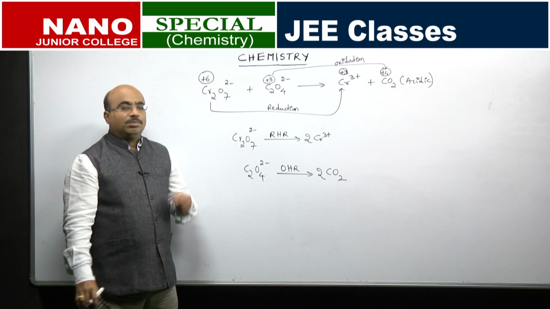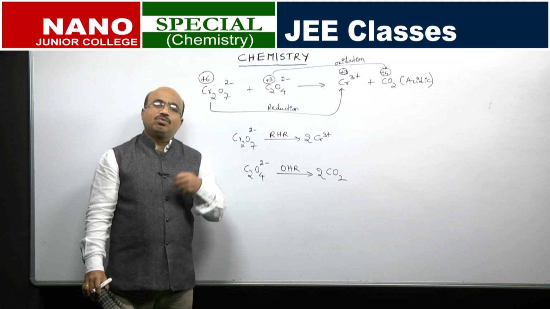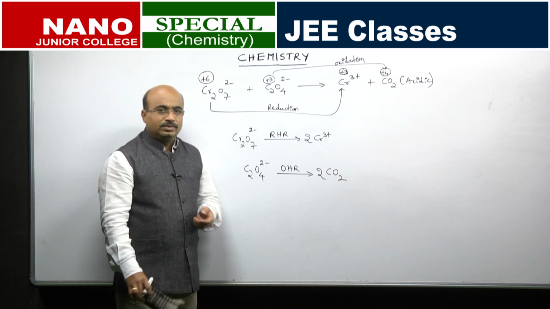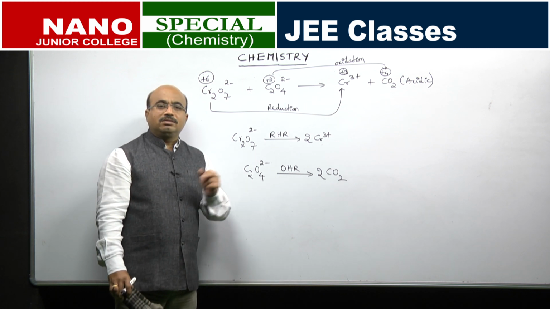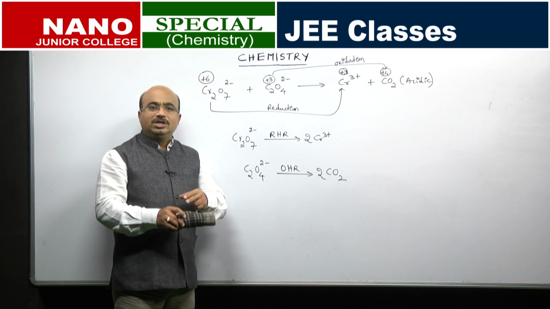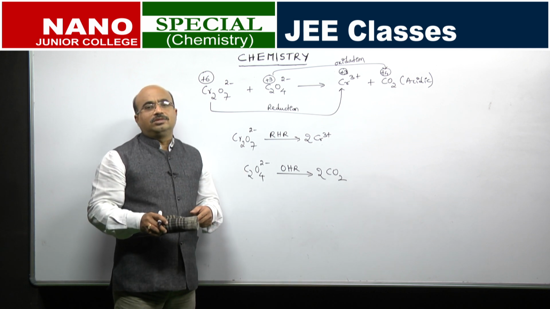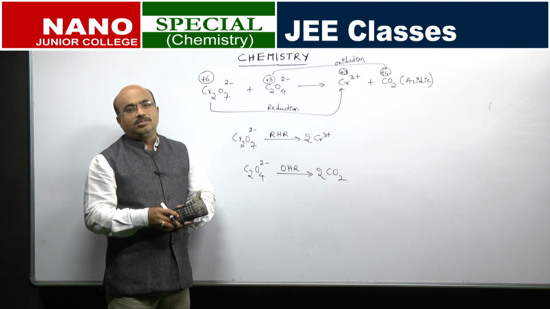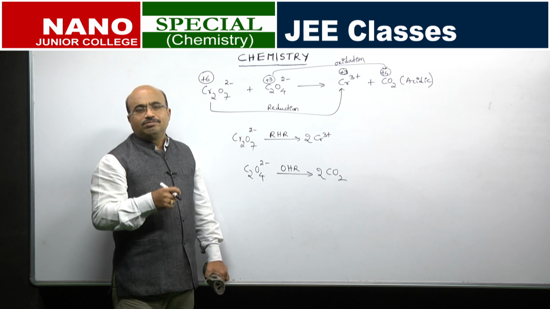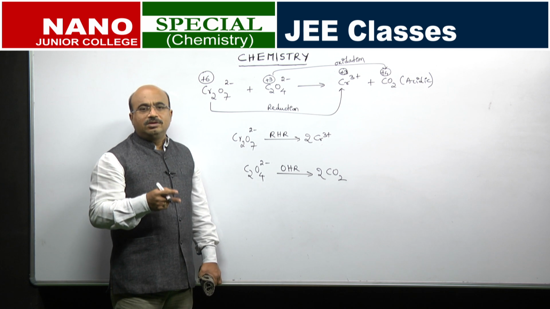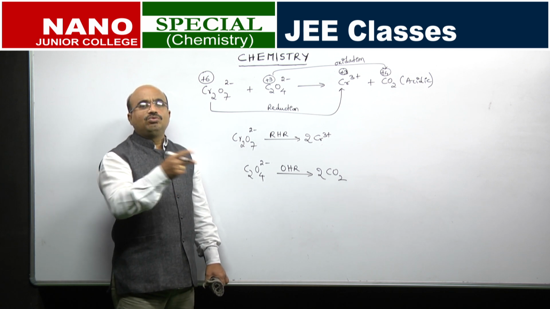Now, balance the oxygen atoms by adding water where oxygens are less. How many water molecules are we adding? How many oxygen difference do you see? That many water molecules we are adding, because in each water molecule you have only one oxygen atom. So, if there are 2 oxygens difference, then you will write 2 H2O.